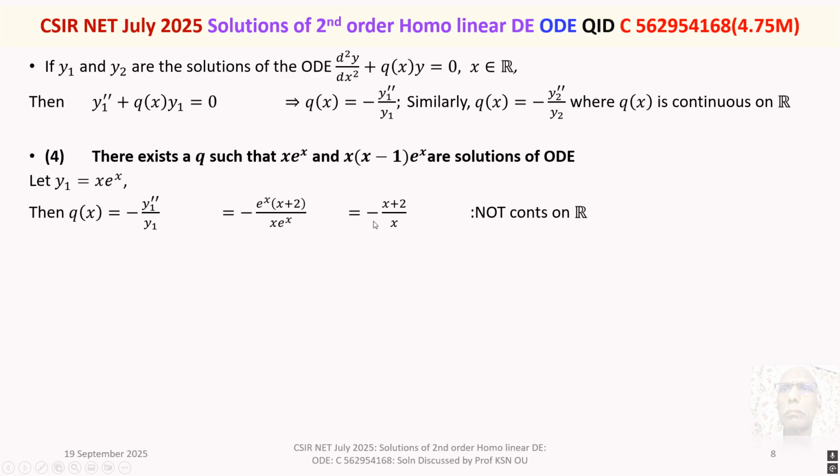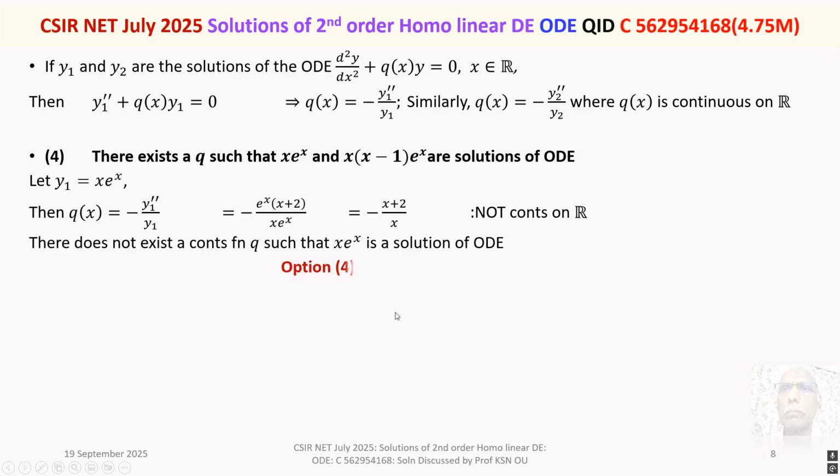After cancellation, it is minus x plus 2 by x, and this is not continuous on R. Therefore, there does not exist a continuous function q such that x e power x is a solution of the given ordinary differential equation. Forget about the second one. This much is sufficient to throw away this option. So, option 4 is not true.